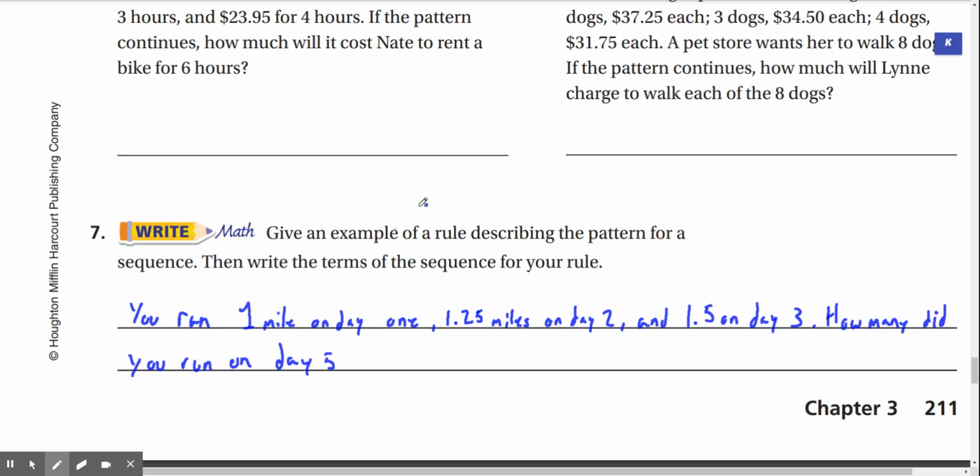Well, we see that the rate from 1 mile to 1.25 miles is just plus 0.25 miles. Now, from day 2 to day 3, it's another plus 0.25 miles. So we want to find how many we ran on day 5. We would have to add 0.25 plus 1.5, which would give us day 4, and then add again 0.25, which would give us day 5.